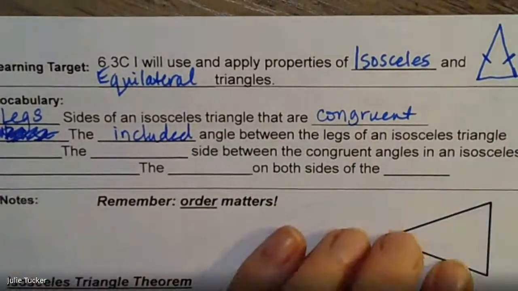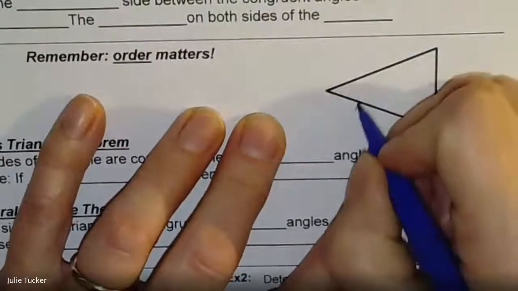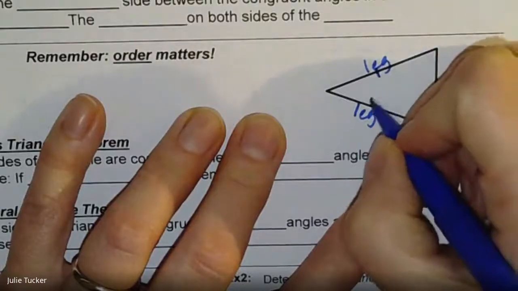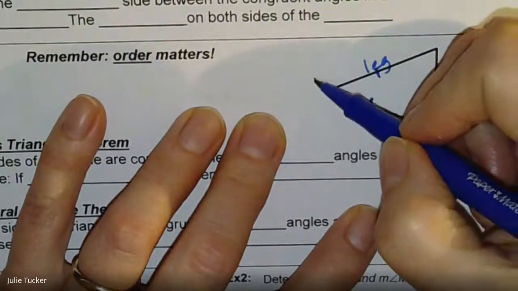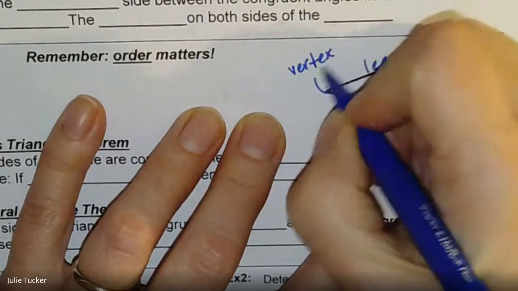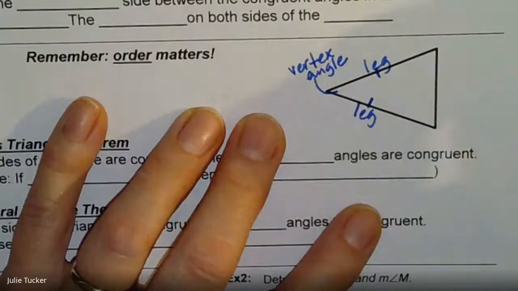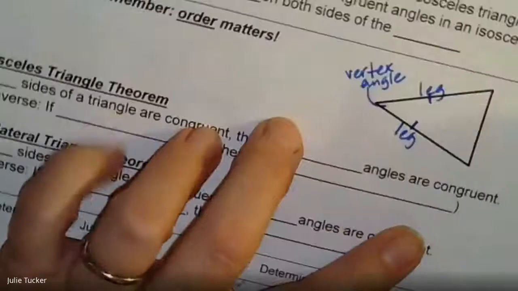So let me get you a drawing, and I'll use this drawing right here. This is a leg. This is a leg because these are your congruent sides. This angle right here is called the vertex angle. Okay, so that vertex angle is the angle that's in between the two legs that are congruent.